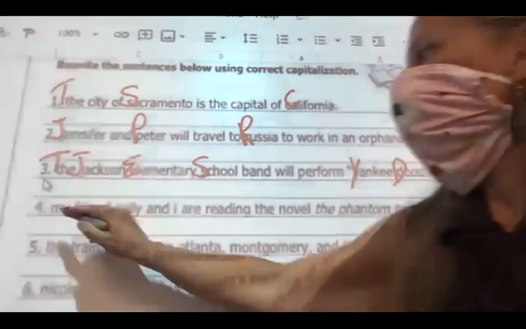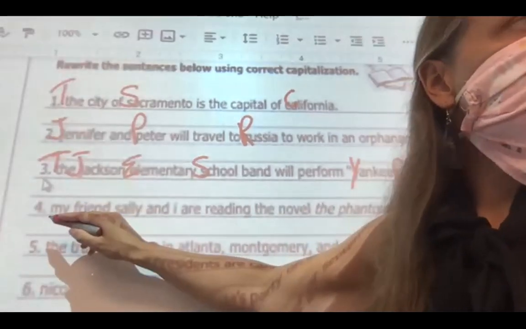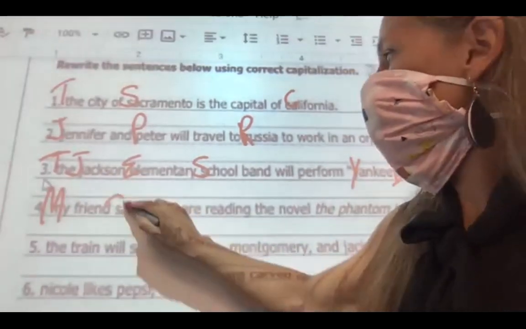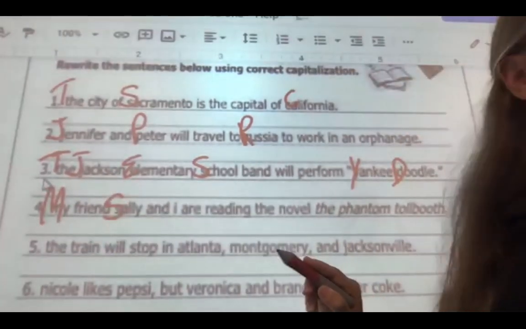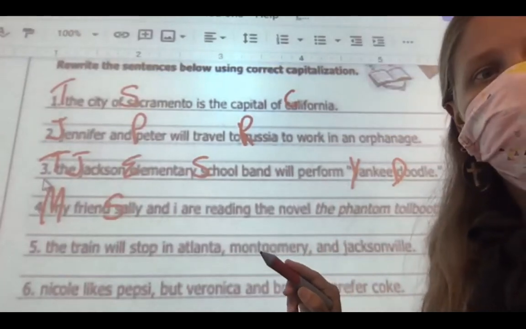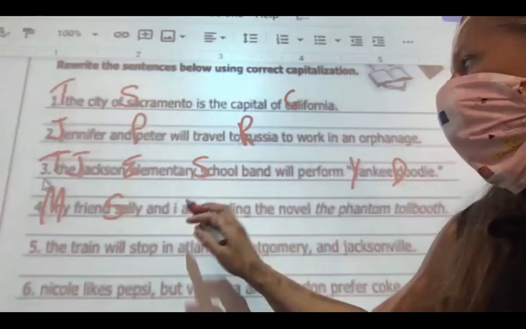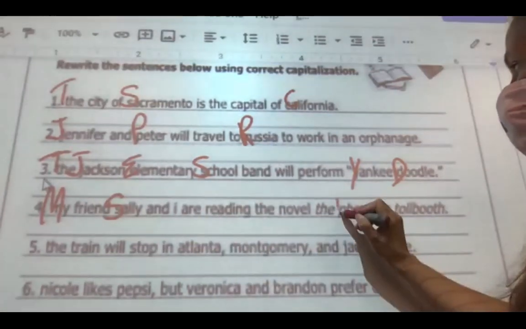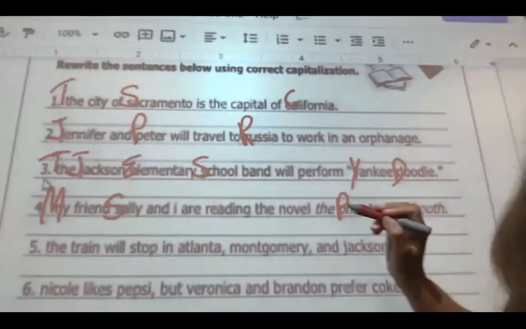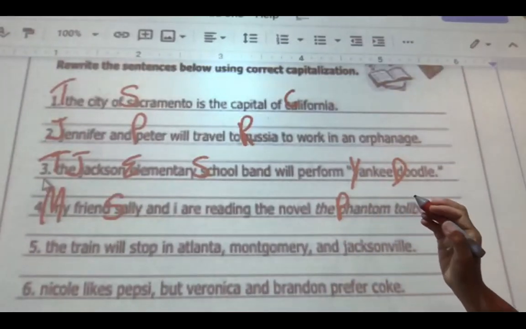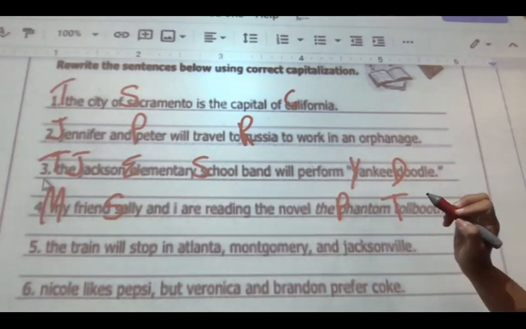Lily. My, good. The S and Sally. Okay. Okay. 2 more.